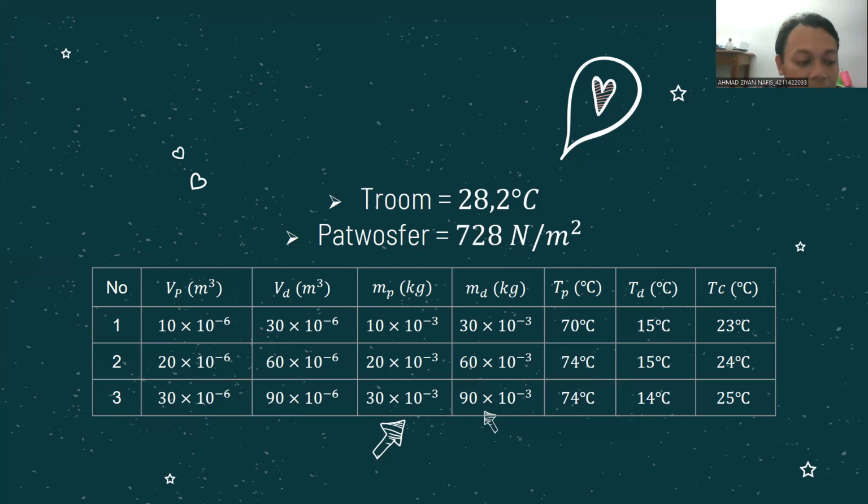A mass of hot water 220 times 10 power of minus 3 and a mass of cold water 60 times 10 power of minus 3.